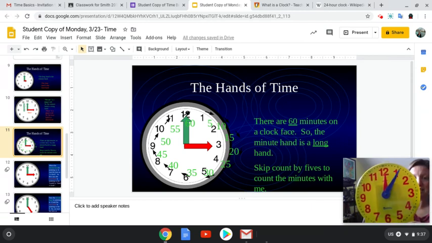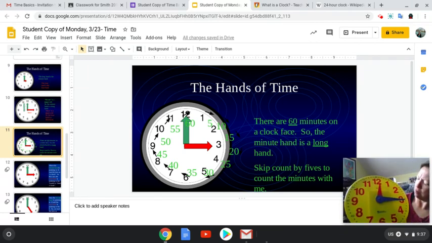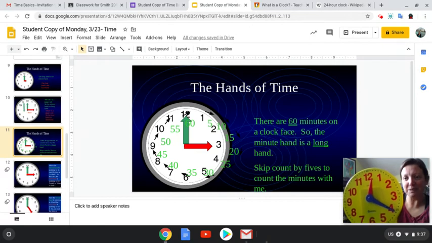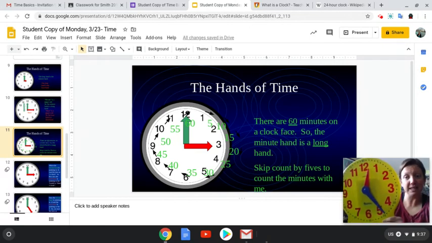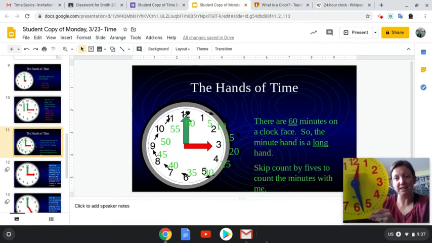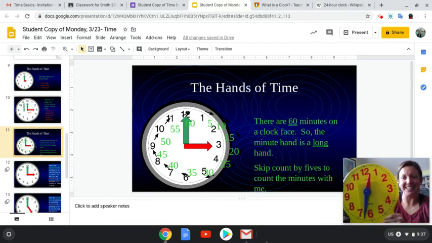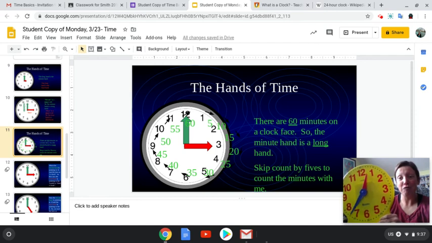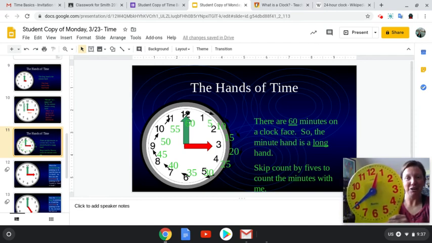So 5 minutes, 10 minutes, 15 minutes, 20 minutes, 25 minutes, 30 minutes, 35 minutes, 40 minutes, 45 minutes, 50 minutes, 55 minutes, and then it's 56, 57, 58, 59, 60.